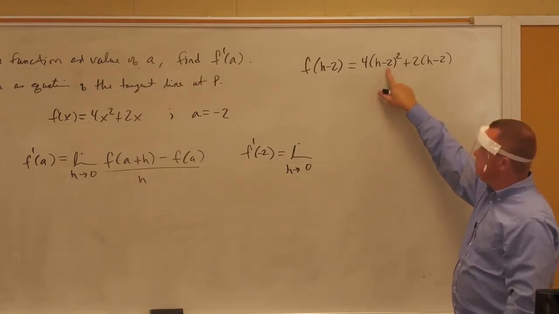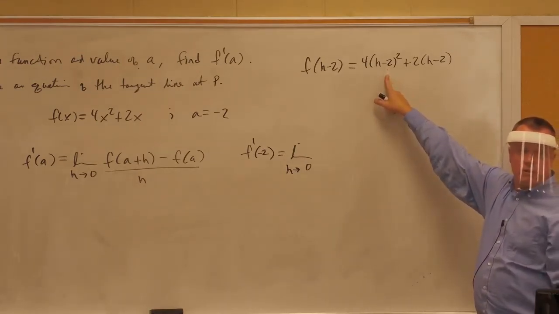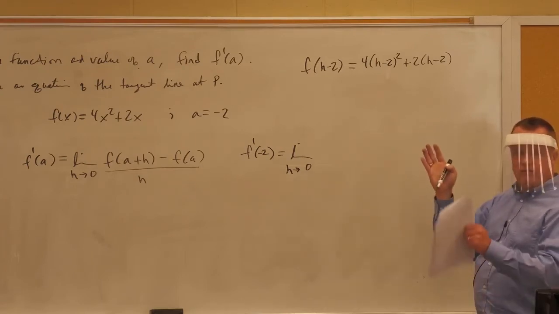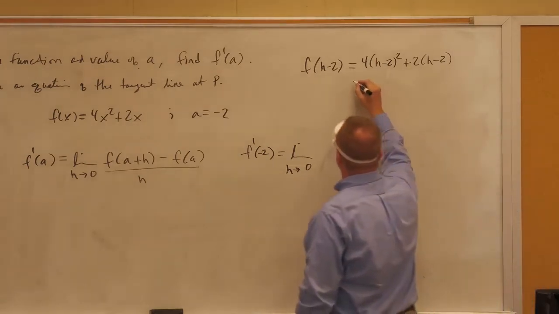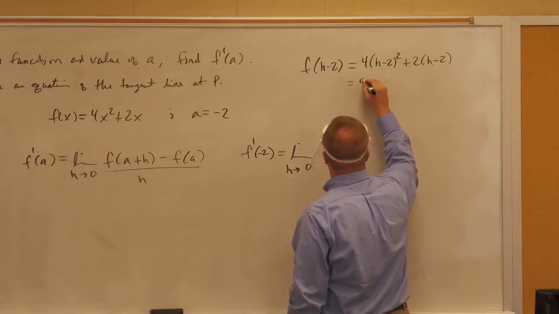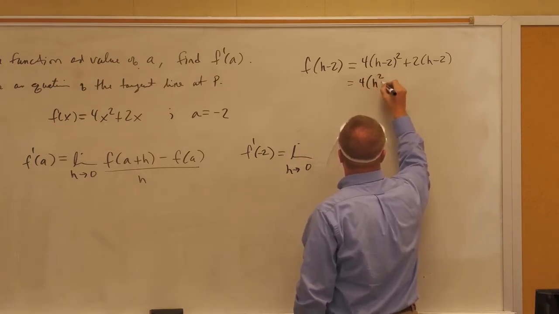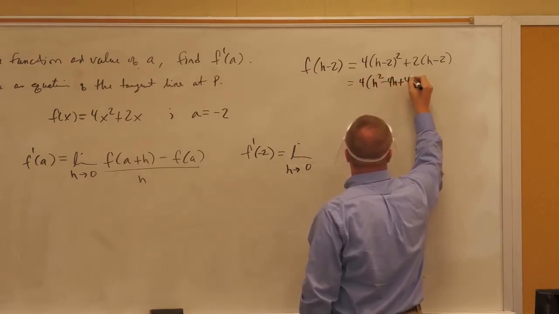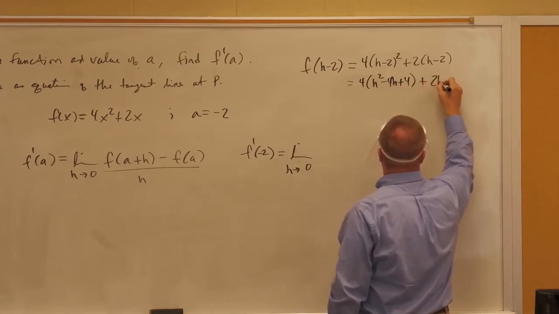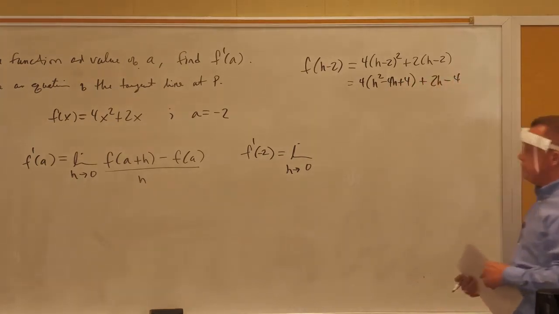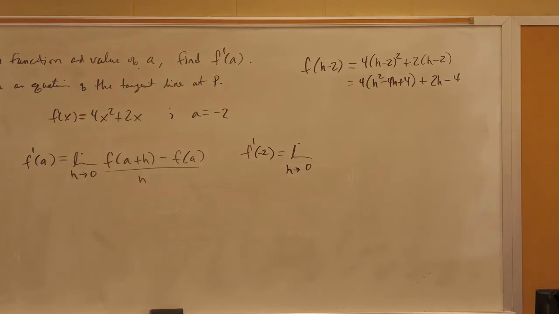All right, here I got to square this binomial out. So remember, you do need to FOIL that out. You'll have a middle term there. So this will be 4 times h squared minus 4h plus 4. Okay, and that's just if you write h minus 2 times h minus 2, FOIL it out, you'll get that.